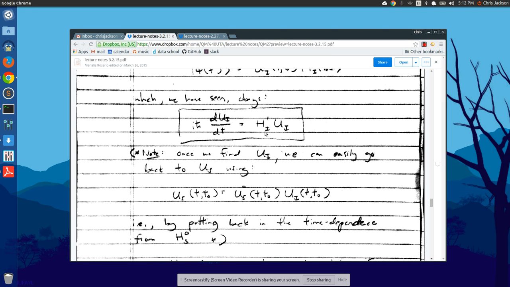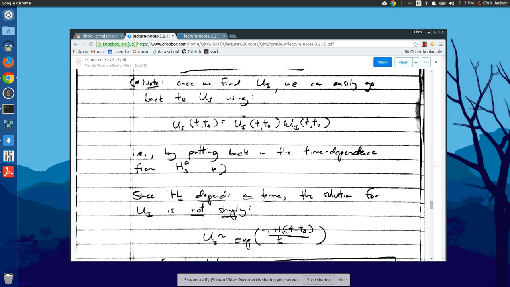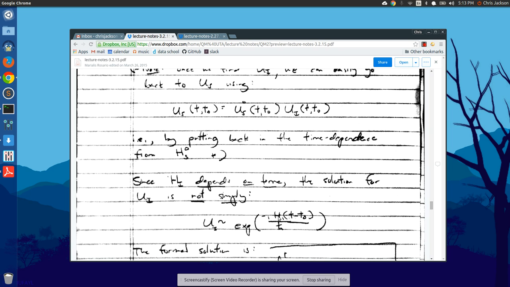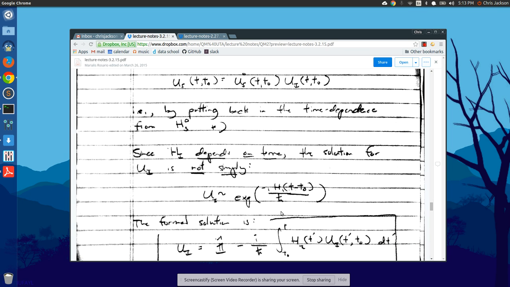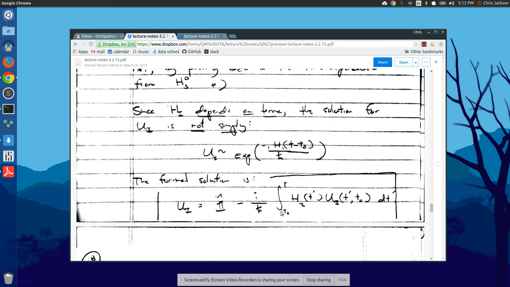We can't just separate this and integrate it, assuming that this thing's independent of time and get the usual e to the minus iHt or whatever. We're always going to have the case where HI is going to depend on time. So we're always going to end up with these type of integral type equations. All right, so we'll have to plug in our Hamiltonian and do this integration.